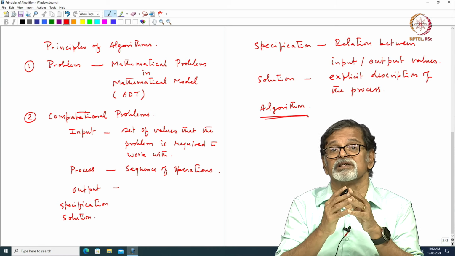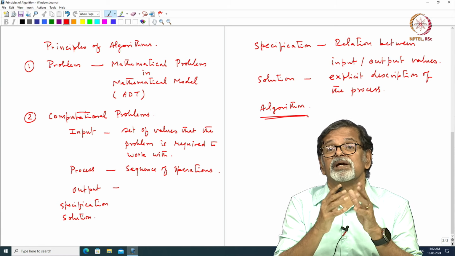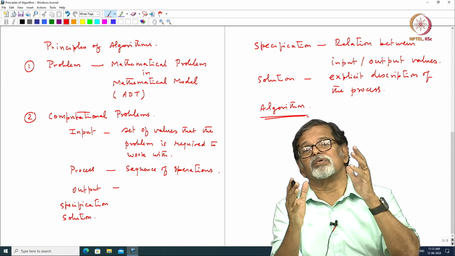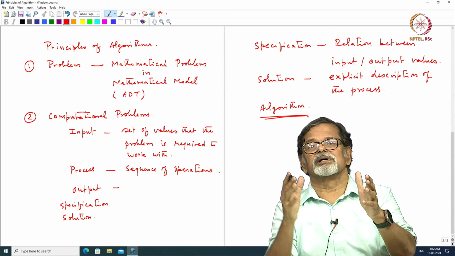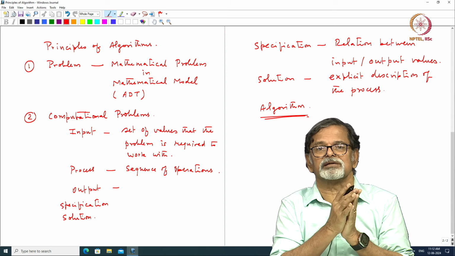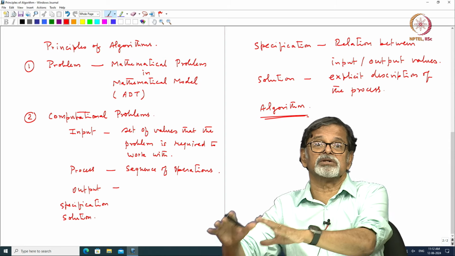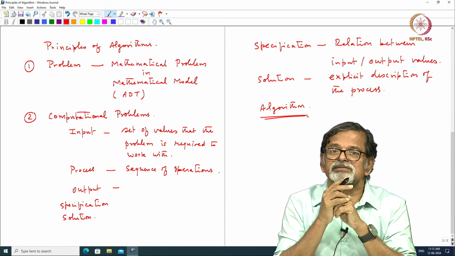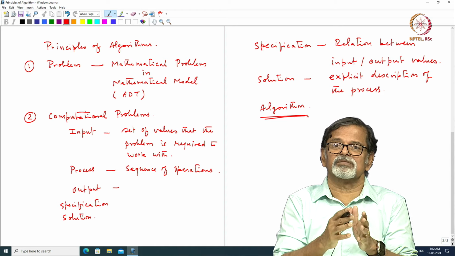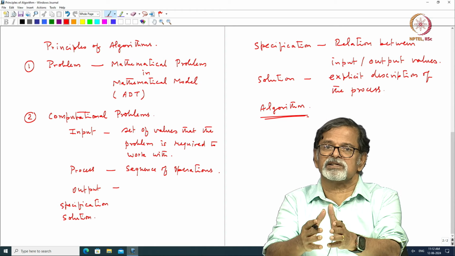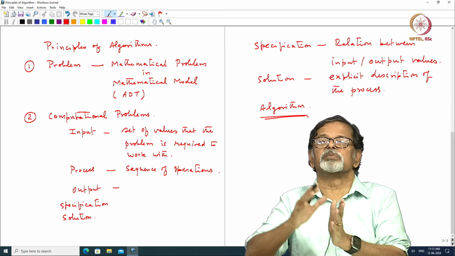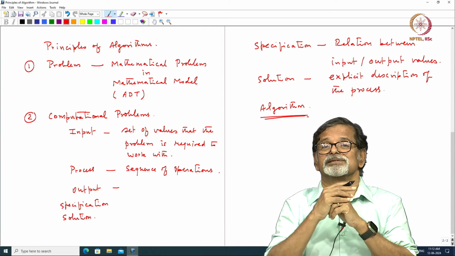In the specification, we have stated for what input what output should be obtained. The execution of the algorithm should precisely produce those outputs. When you execute the algorithm on a specific input, it should produce the corresponding output.